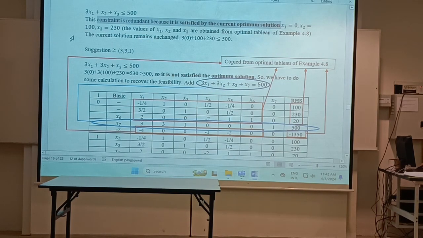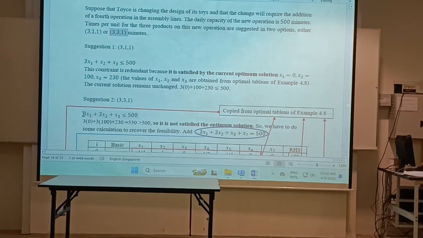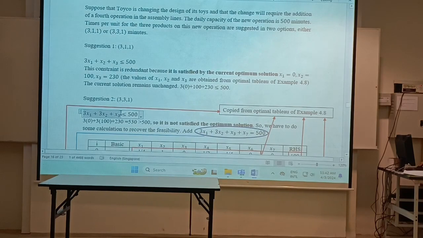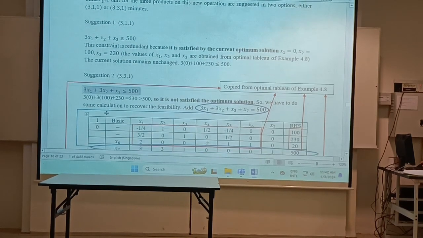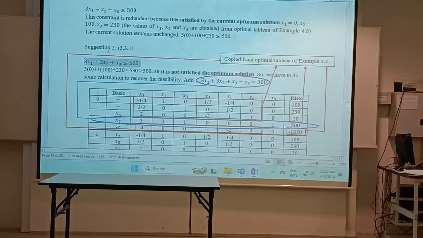How about the second option here? If you're going to have a new constraint of 3x1 plus 3x2 plus x3 less than or equal to 500, same thing, we're going to plug in the optimal values for x1, x2, and x3.